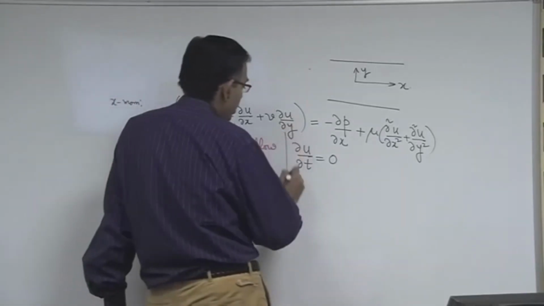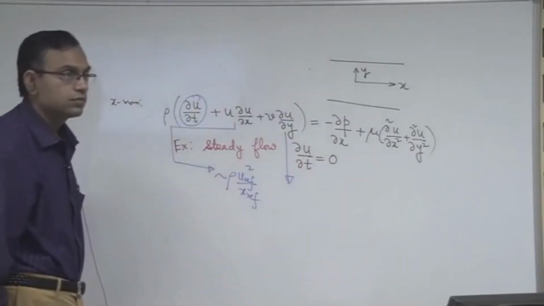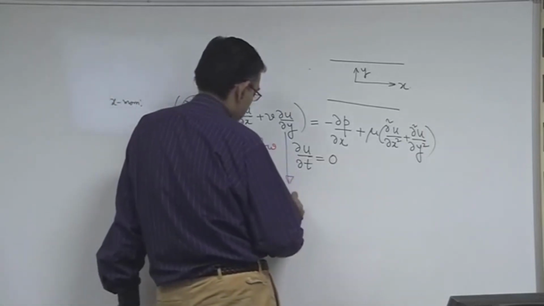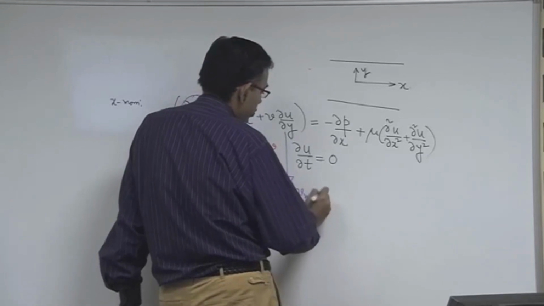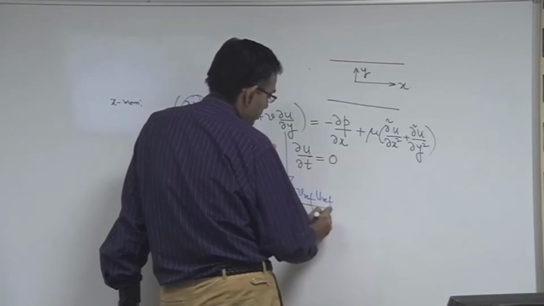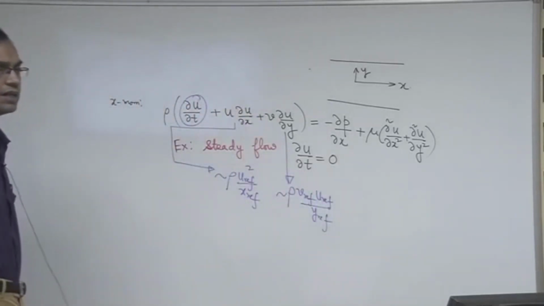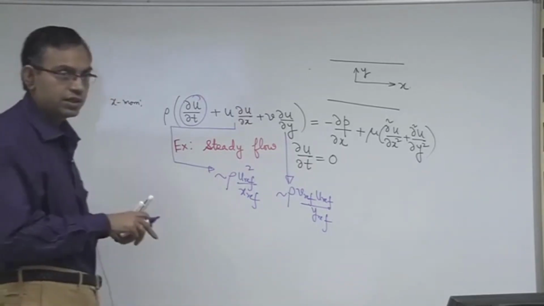What is the order of magnitude of this term? Rho v reference into u reference by y reference. Now, v reference is related to u reference through the continuity equation.